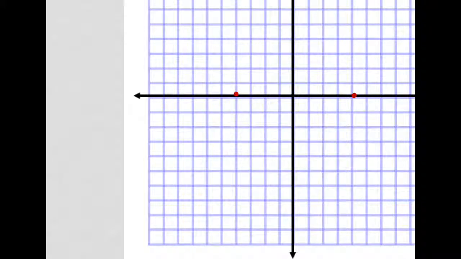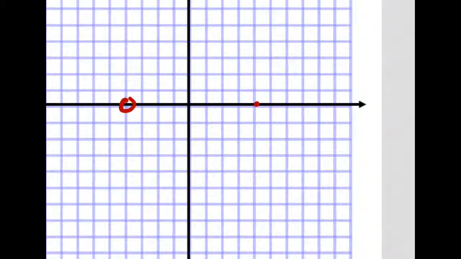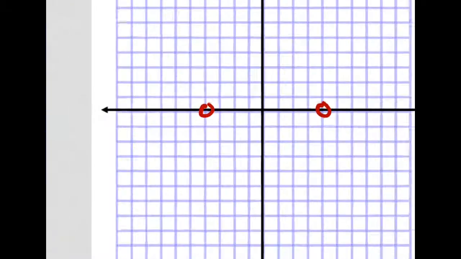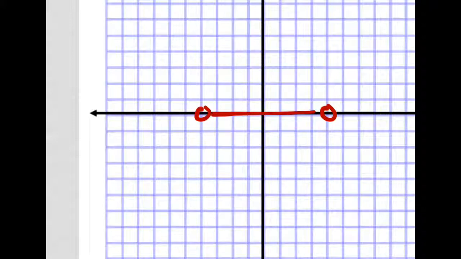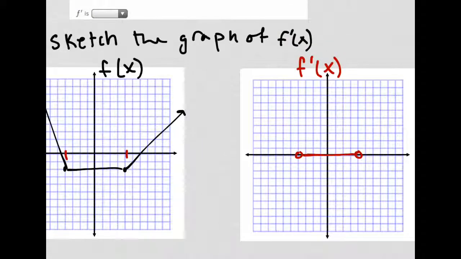So we're just going to do open circles. Open circle. There is no derivative there. I know that the value is 0 in between, so we just have a flat line there.